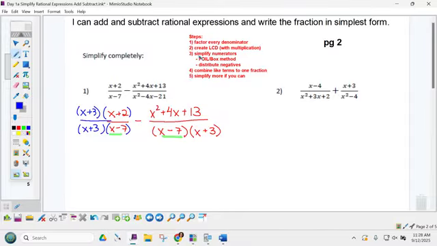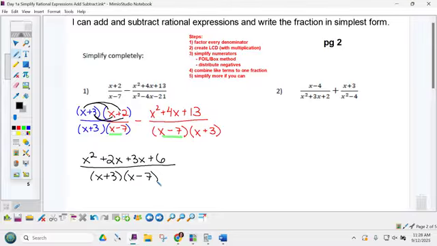Okay, part 3, simplify the numerators. We're going to multiply our binomials together. X times x, x times 2, 3 times x, 3 times 2. Now, subtraction is the same thing as plus a negative of the entire numerator.